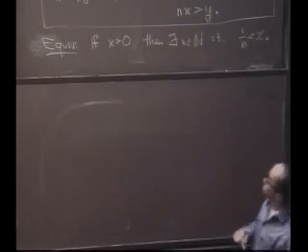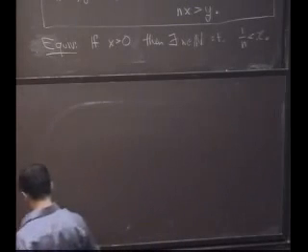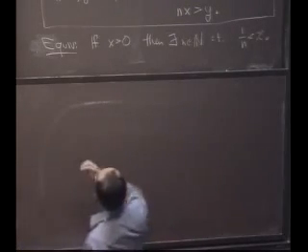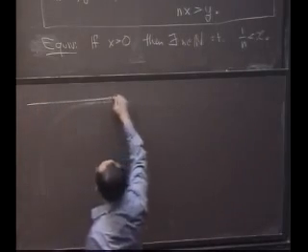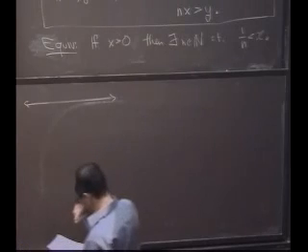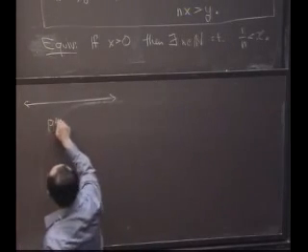So how would I prove a statement like this? If I want to think about this, one way to think about it is the following. Let's suppose I have a number line here. So here's the proof.